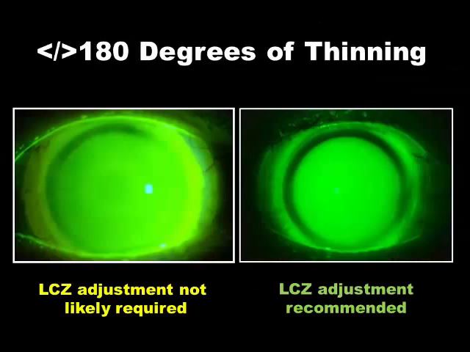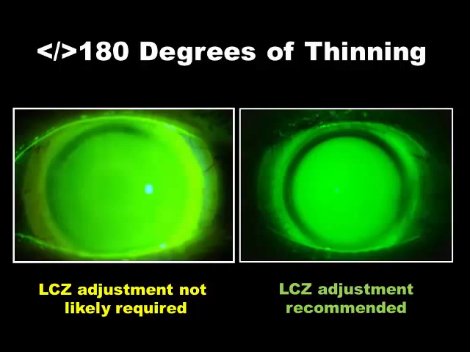So the rule is, with this limbal thinning, if it's less than 180 degrees, don't worry about it. Have the patient come back and see you for a PM visit with their custom lens. Take the lens off, stain the cornea, see if there's any desiccation. If there isn't, you know you don't need to change the limbal clearance zone.